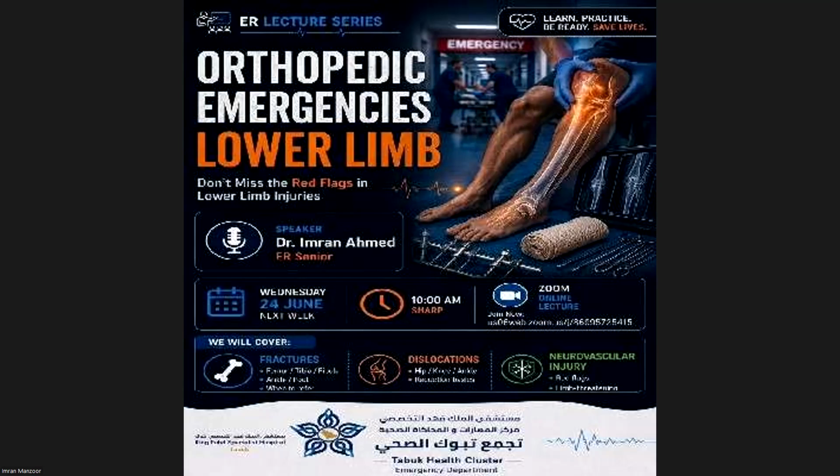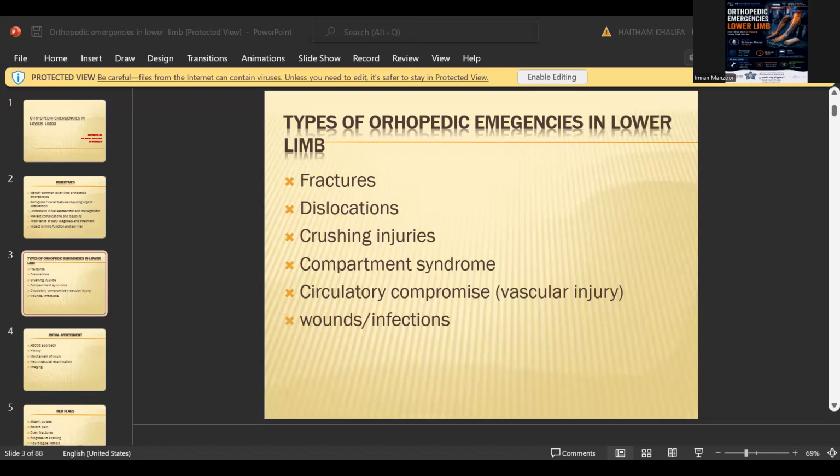Before discussing the fractures or other abnormalities, we should understand there are some red flags. If we find these findings in the patient, we should call the orthopedic specialist immediately, or call our team leaders immediately.